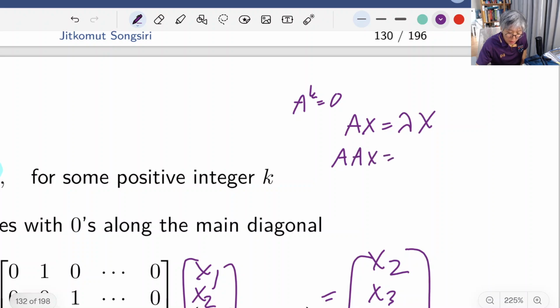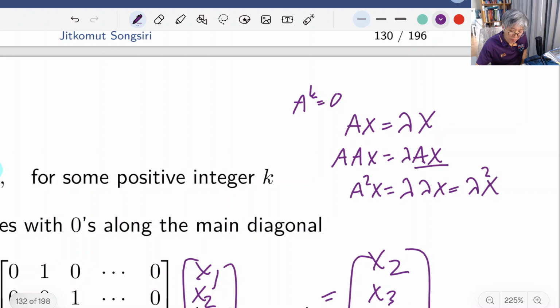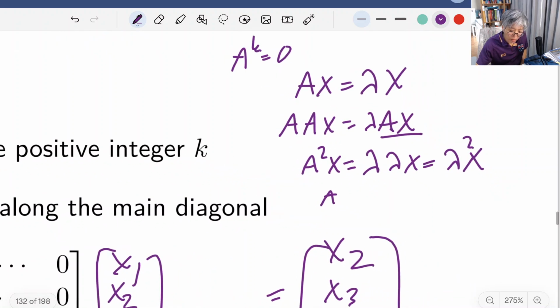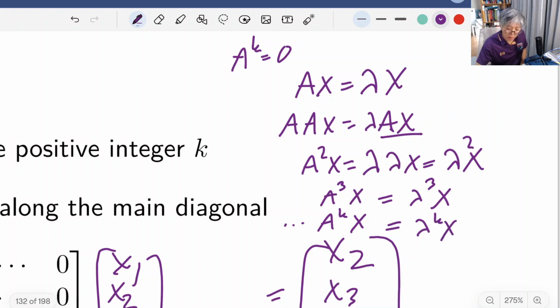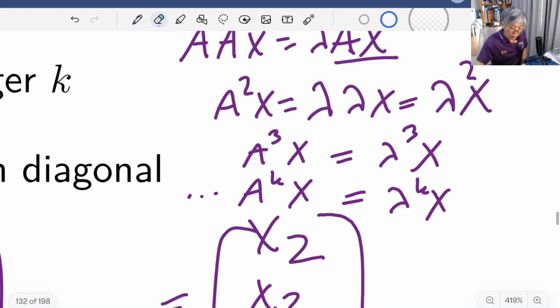If you multiply by A on both sides, you get A squared x equals lambda Ax, and Ax is lambda x, and that gives you lambda squared x. If you keep doing this, you get A cubed x equals lambda cubed x, and then to the power of k, you get lambda to the k x.